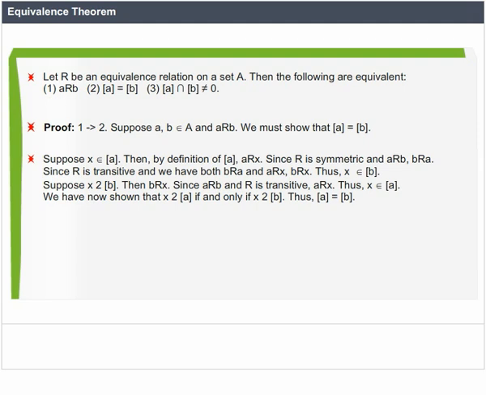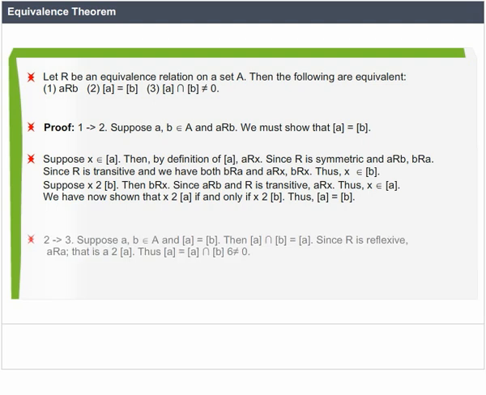Since R is transitive, and we have both b related to a and a related to x, b related to x, thus x belongs to [b]. Suppose x belongs to [b], then b related to x. Since a related to b and R is transitive, a related to x, thus x belongs to [a]. We have now shown that x belongs to [a] if and only if x belongs to [b], thus [a] equal [b].